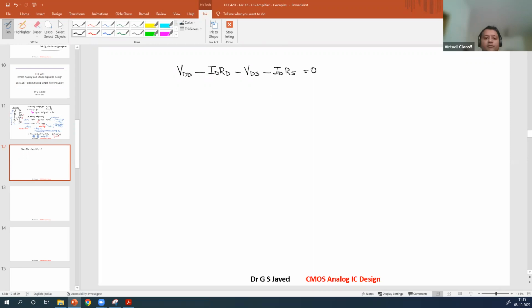Take all the negative terms to the positive side and the maximum VDD swing is given as IDRD plus VDS plus IDRS.